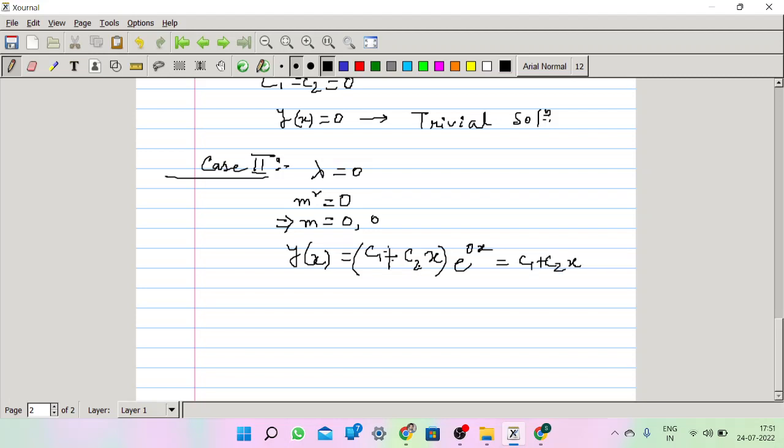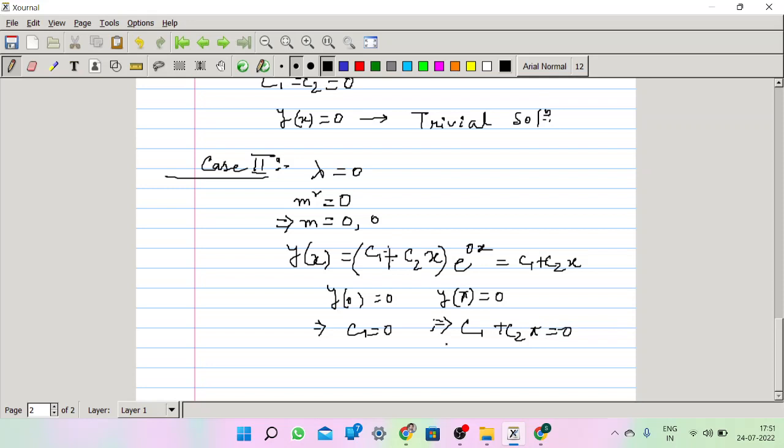This is my solution. Now, this solution again has to satisfy the boundary conditions, that is y(0) is 0 and y(pi) is also equal to 0. By putting y(0) equal to 0, I get c1 equal to 0, and for y(pi) equal to 0, I get c1 plus c2 pi equal to 0.